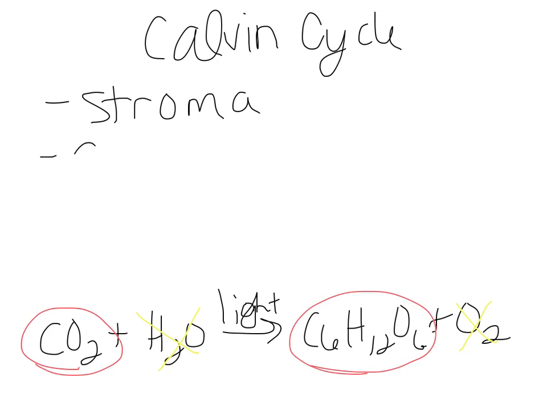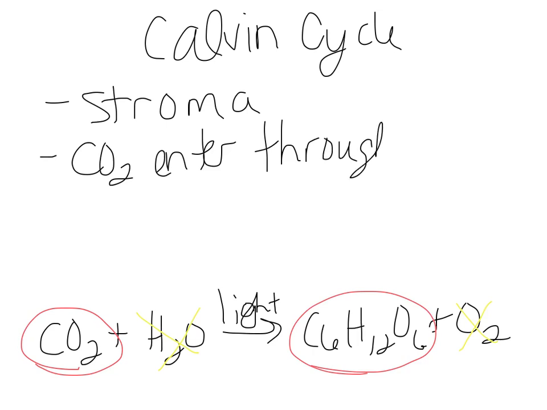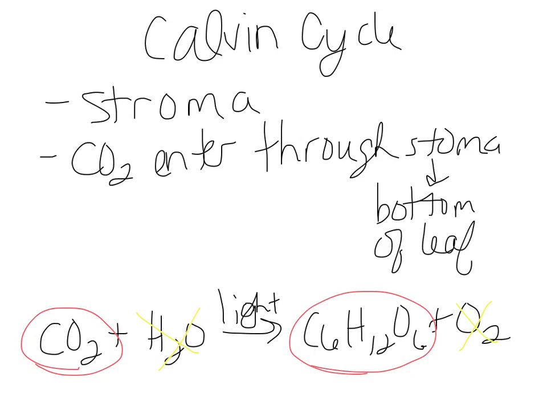And if you remember, the carbon dioxide is going to enter through those stoma. Remember those holes in the bottom of a leaf. Those stoma are located on the underside of the leaves. And so that carbon dioxide will enter through the stoma. And then our product here is going to be glucose.